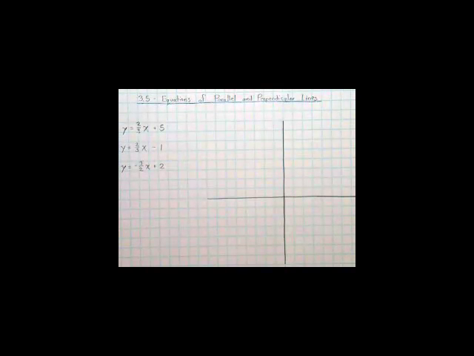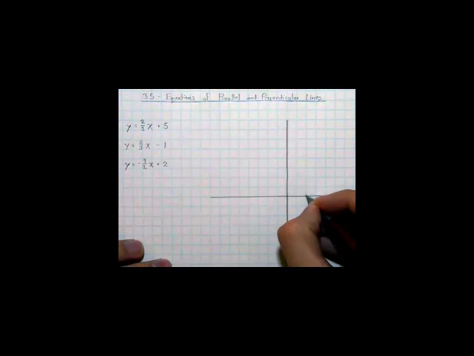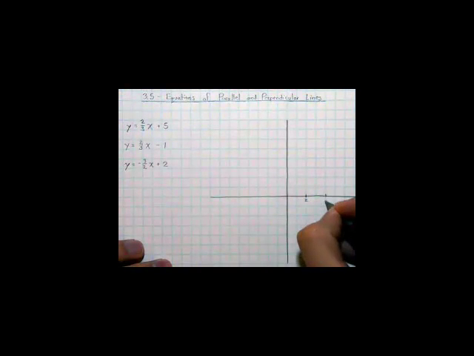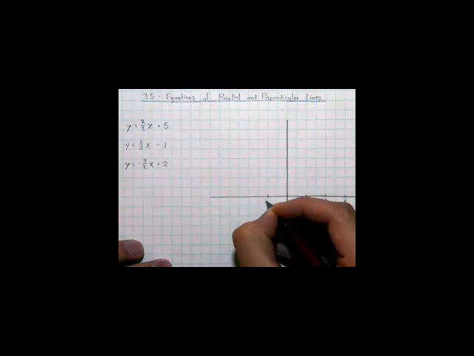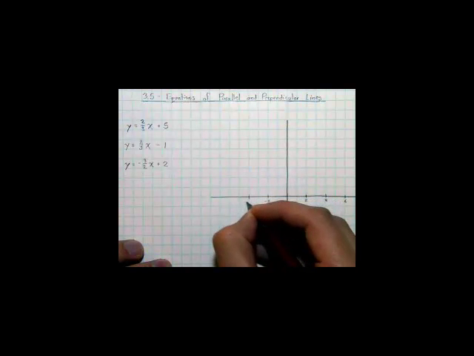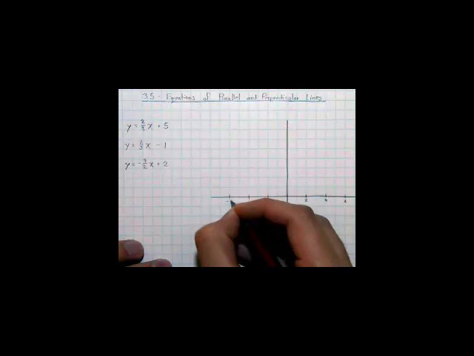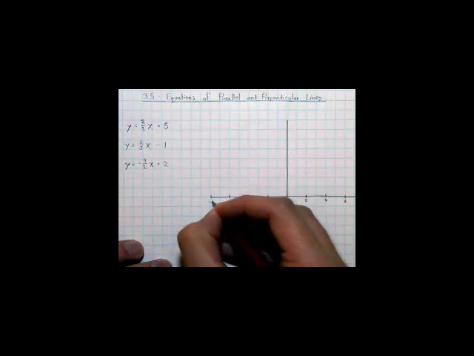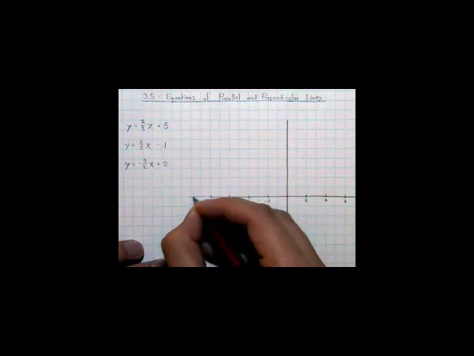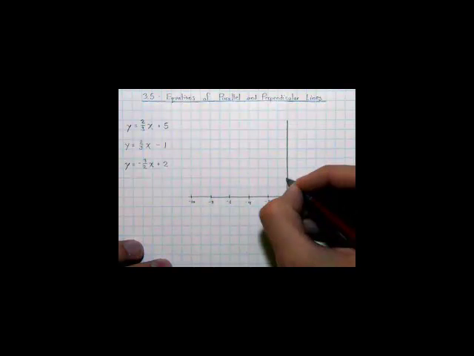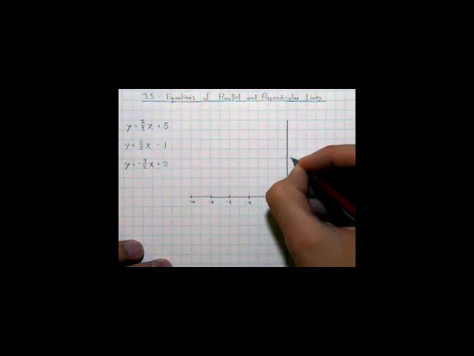All right, I'm going to try and make this thing 10 by 10. Might need to expand it out a little bit. And I might run out of room going up here.